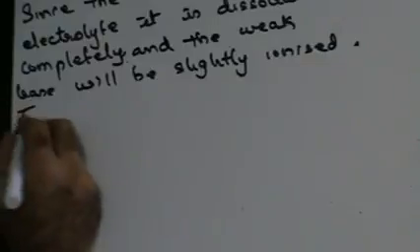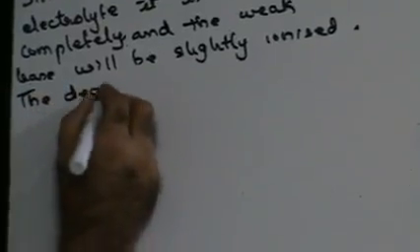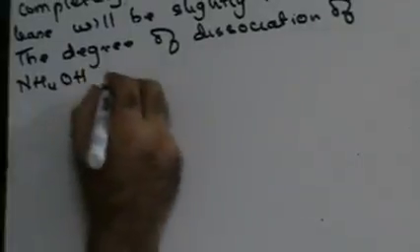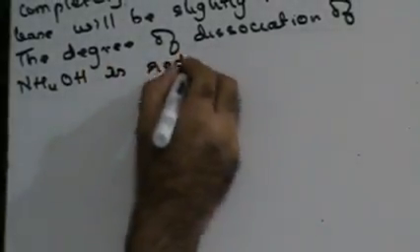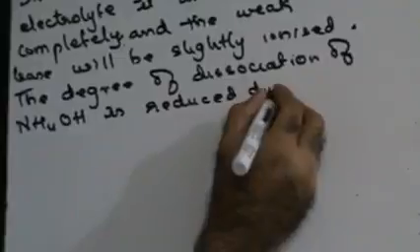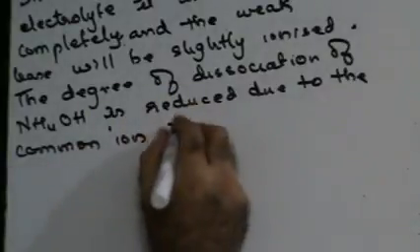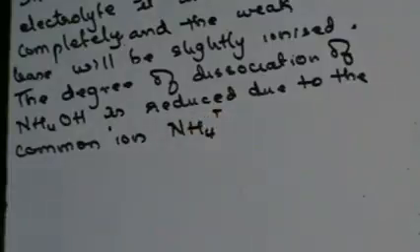ammonia. The degree of dissociation of ammonium hydroxide is reduced due to the common ion, ammonium ions.